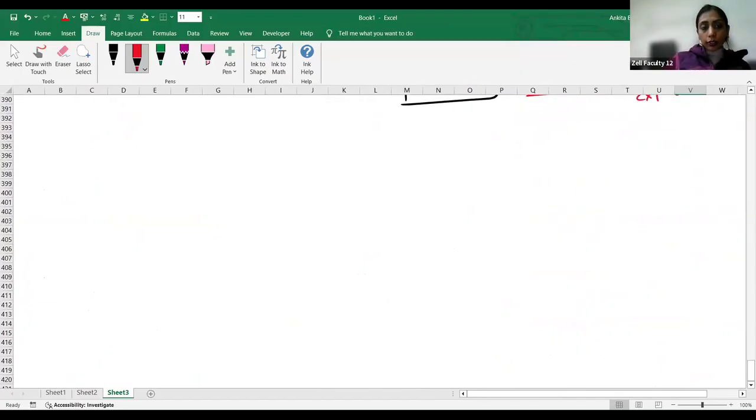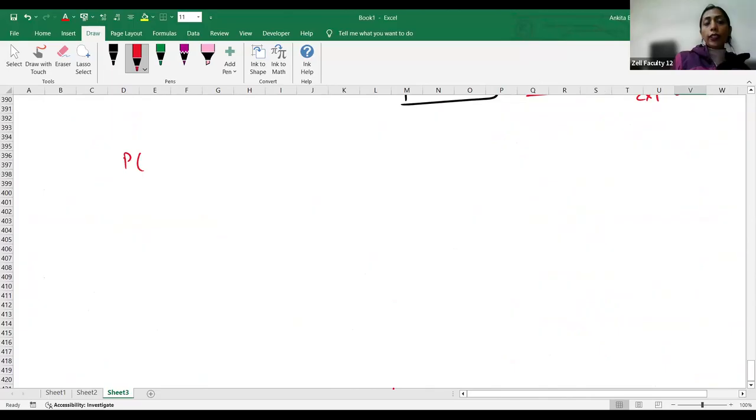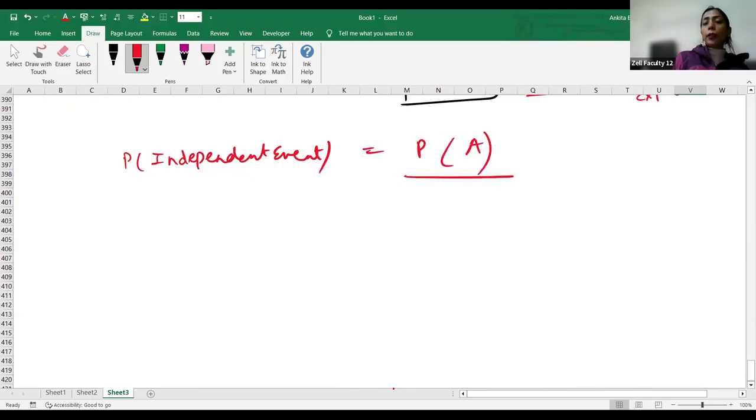Any doubts still here? Ma'am, can you please explain again the probability of independent and the conditional one, the formula? The probability of independent event. So any independent event probability is equal to the probability of the independent event only, because it is not conditional, so it will not depend on anything.